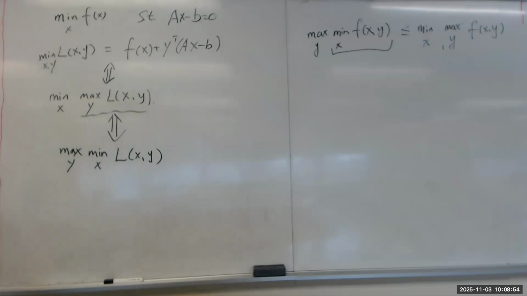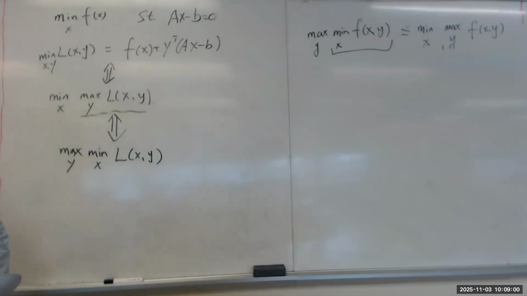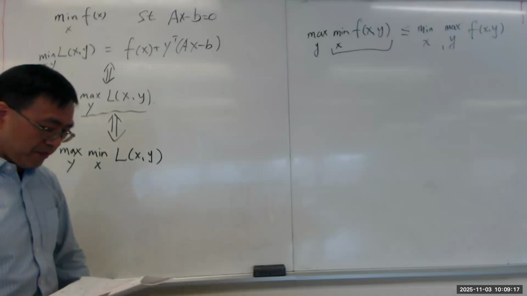The constraint is that the problem has to be convex, and this set has to be convex. There are some constraints in there. But for our problem, in most cases we actually satisfy the condition, so we just accept this as a given.